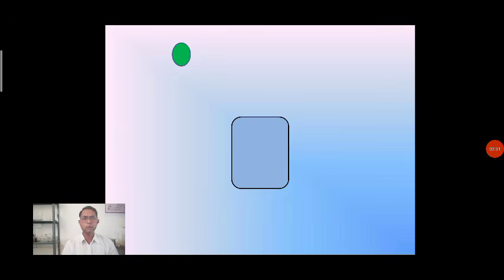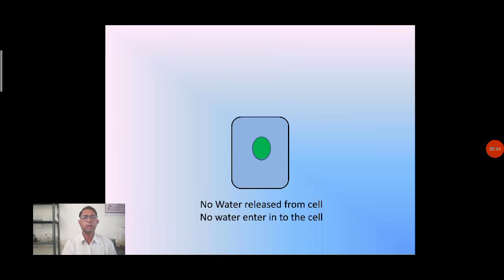Now here you can see the parameter: suppose a beaker, and in the beaker we have added a cell, say a plant cell, to the water. No water is released from the cell, and no water enters the cell.